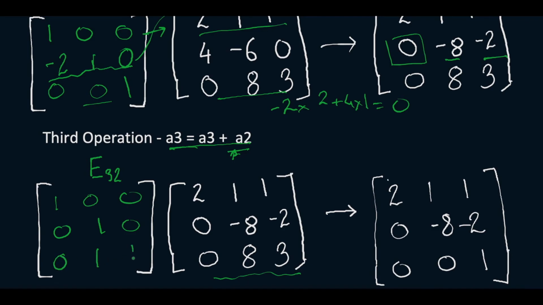It is just these two numbers. After the multiplication, you will get this matrix. Now we have the matrix in upper triangular form, hence we don't need to do any further operations. So these three were the elimination matrices.